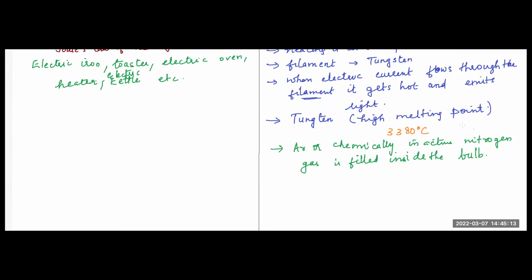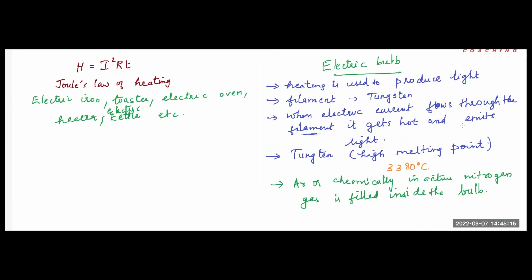To summarize, for the electric bulb, heating effect of electric current is used to produce light. For that, we use a special element called tungsten as the filament of the bulb. When electric current flows through the filament, it gets hot and starts emitting light.